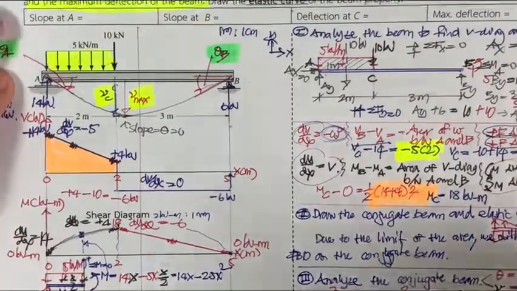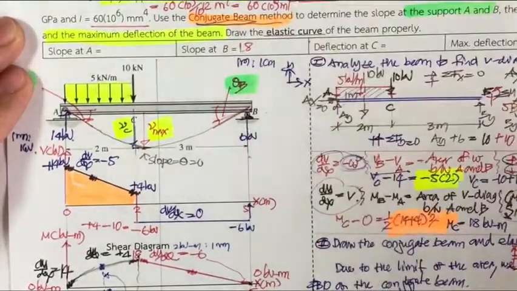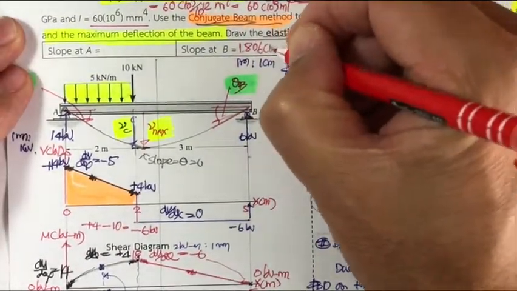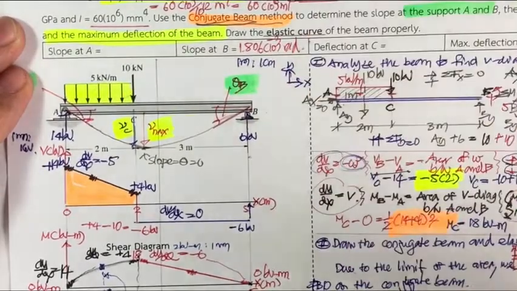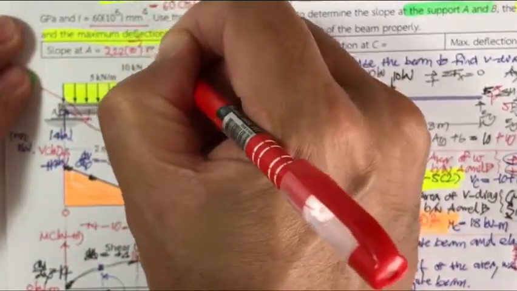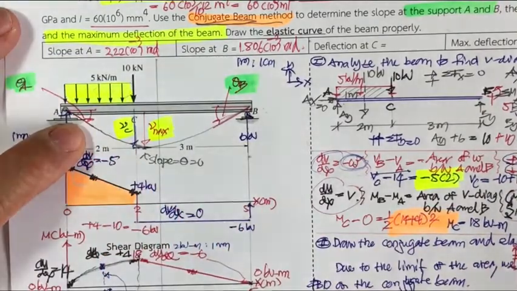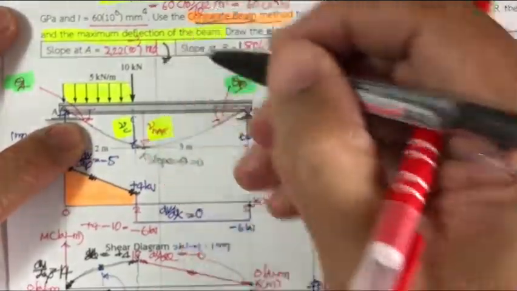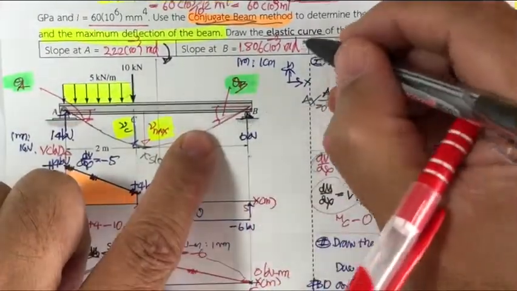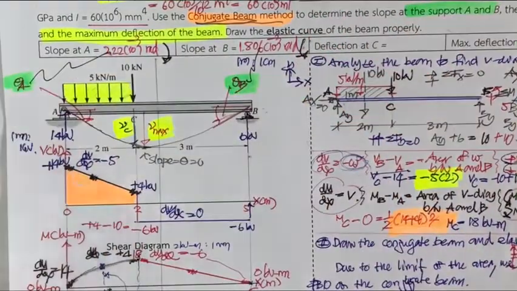You get 1.806 × 10^-3 radian, and this is going to be 2.22 × 10^-3 radian also, and the rotation here is the slope. Next, we still have V sub C and V max.